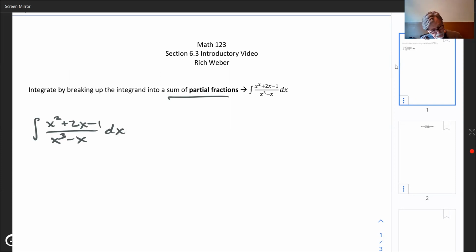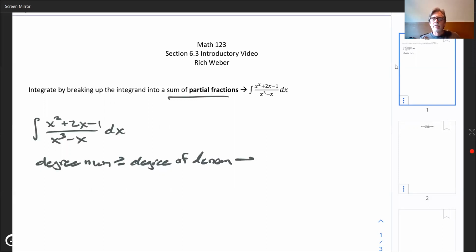If the degree of the numerator is greater than or equal to the degree of the denominator, then we have an extra task. We have to perform long division. I know, haven't had to do that in a while. Okay, that's what you have to do on the problem. So in this case, the degree below is bigger, so we don't have to worry about that.